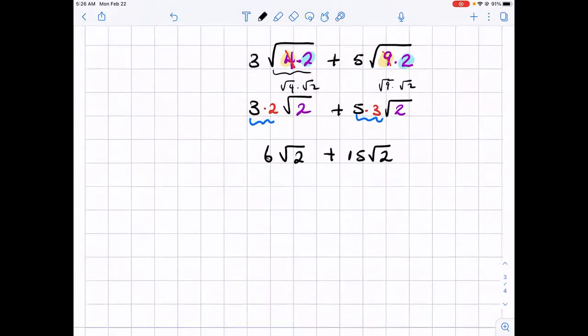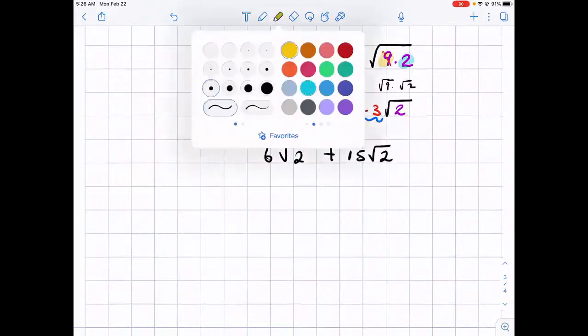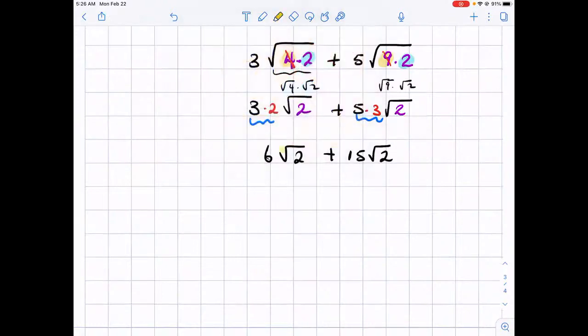So observe that my index is still a square root. And the index will not change throughout the problem. The index will not change. And now my radicands are the same.